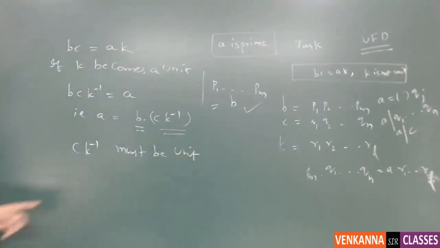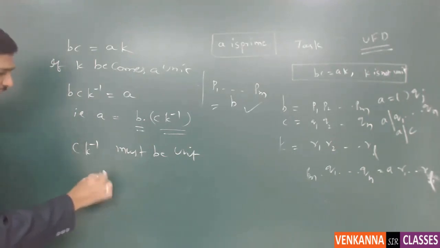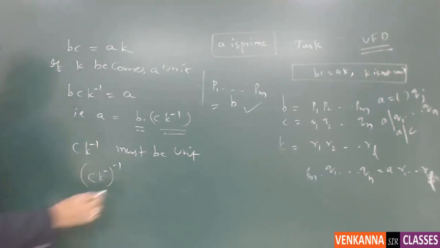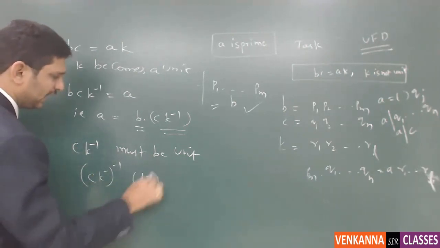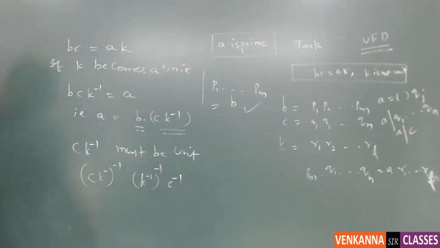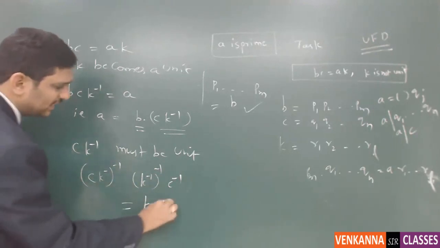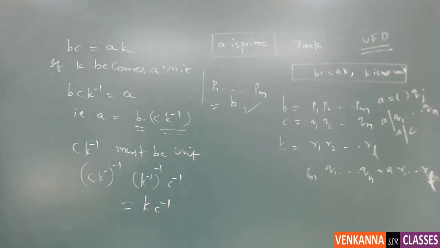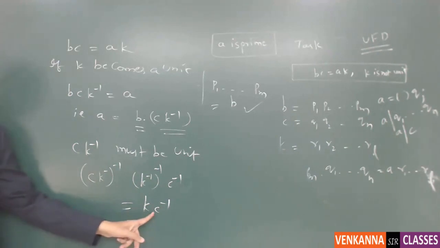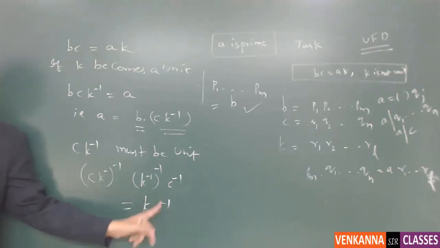So what does it mean? It will possess inverse. So what is the inverse of it? CK inverse whole inverse. What does it mean? Applying the condition, K inverse whole inverse into C inverse. This is nothing but KC inverse. So whenever you use the word C inverse, it means that C inverse existed.